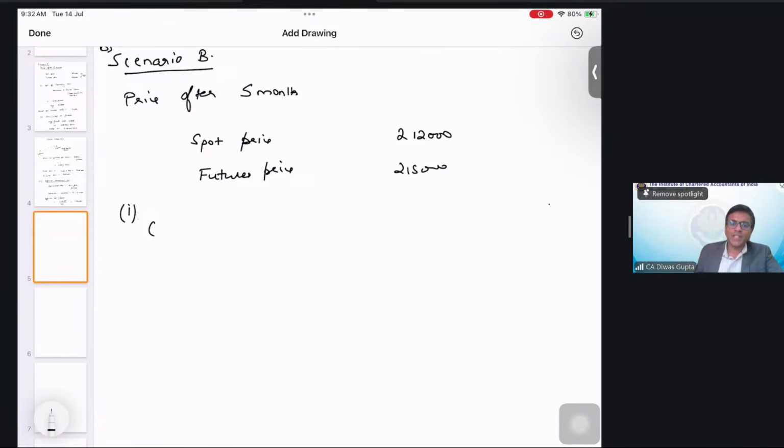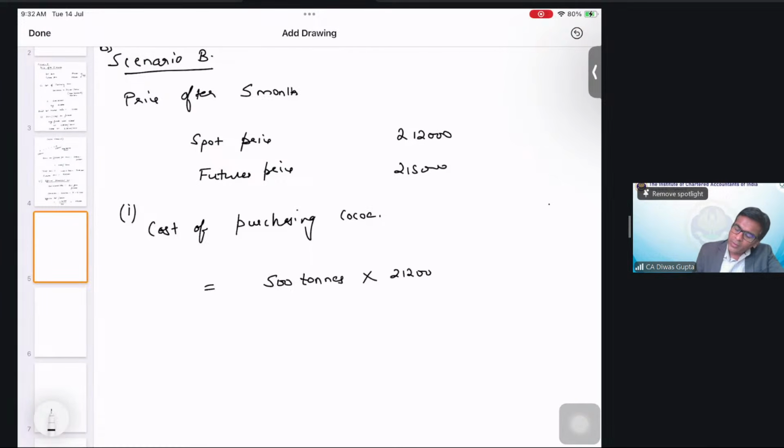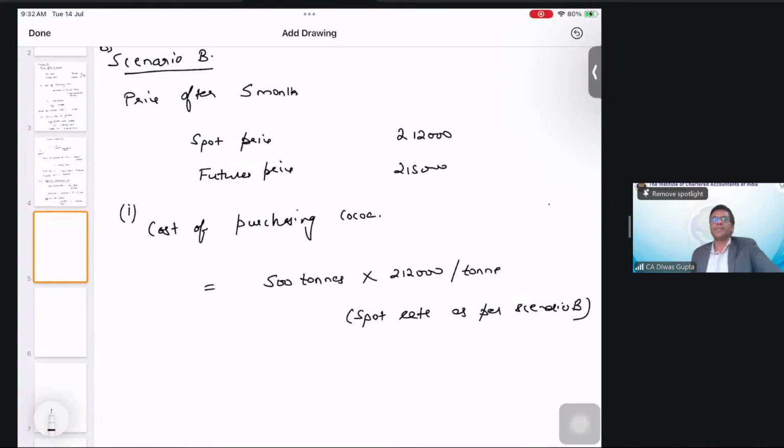Again, let's repeat those three steps, right? First of all, cost of purchasing cocoa, 500 tons multiplied by 2,12,000 per ton, which is the spot rate as per scenario B. Correct?